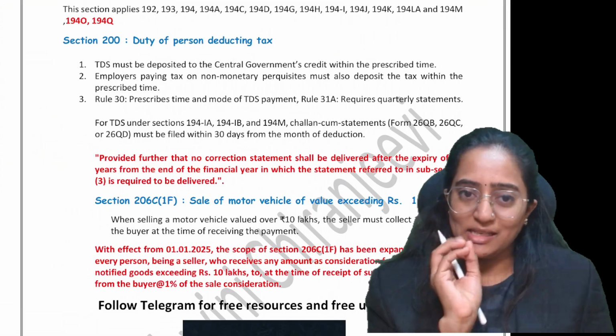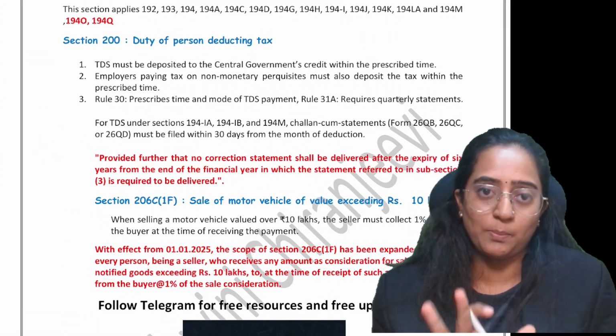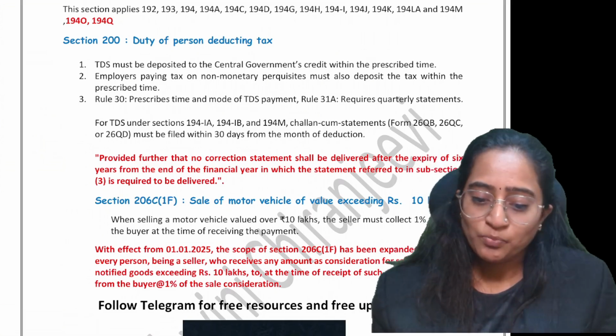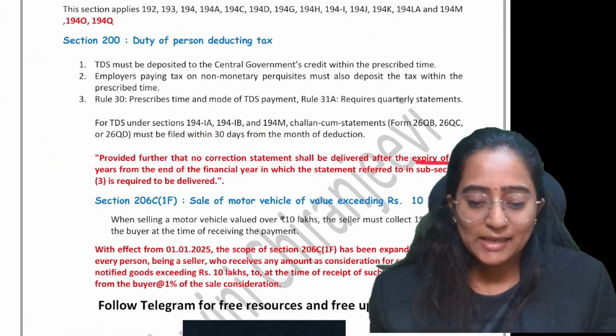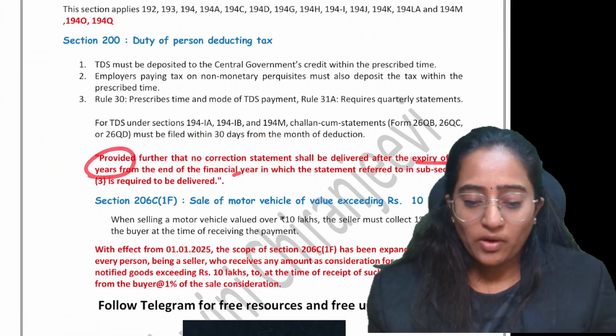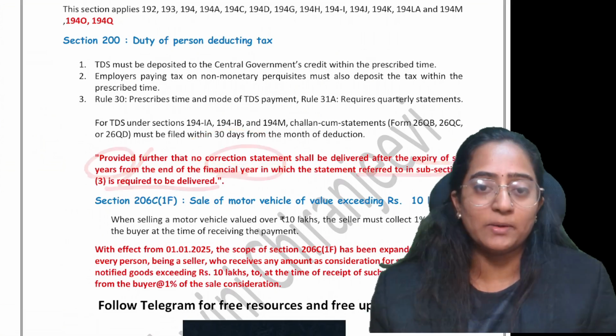What we can understand from this amendment is that no correction statement will be delivered after the expiry of 6 years from the end of the relevant year in which the statement is required to be delivered.